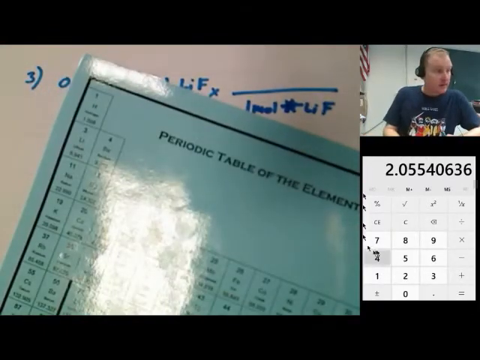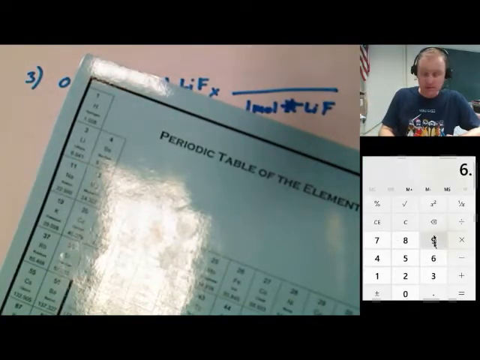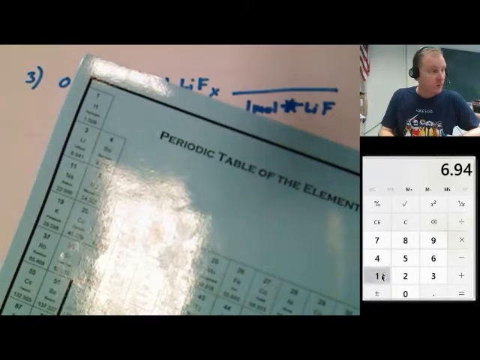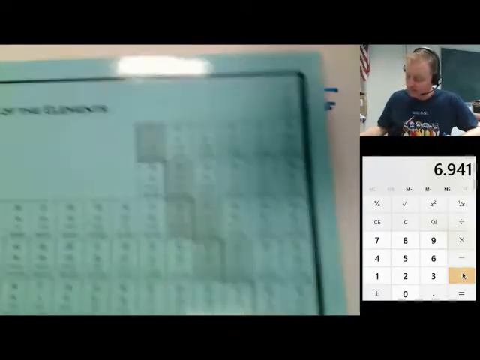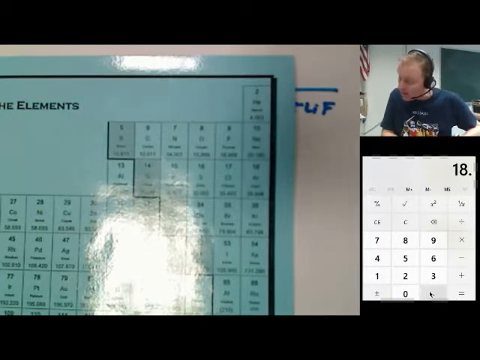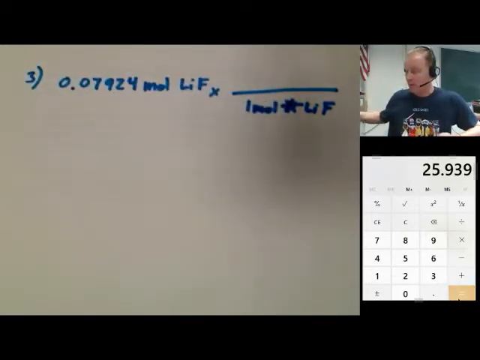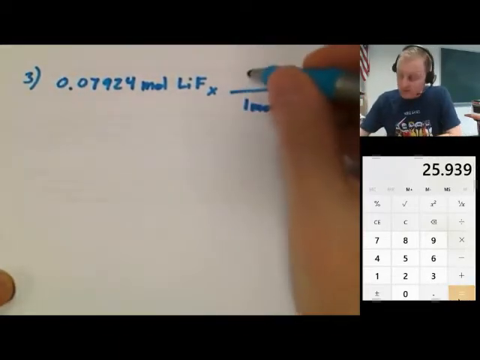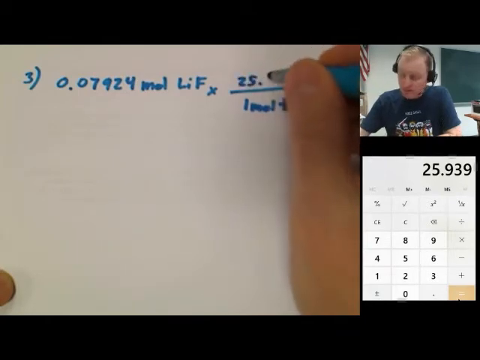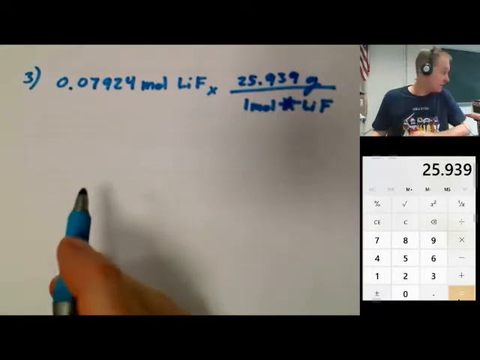So lithium fluoride has a lithium and a fluorine, so 6.941 plus the fluorine, which is right here, 18.998 equals, so my molar mass of lithium fluoride is 25.939 grams per mole.